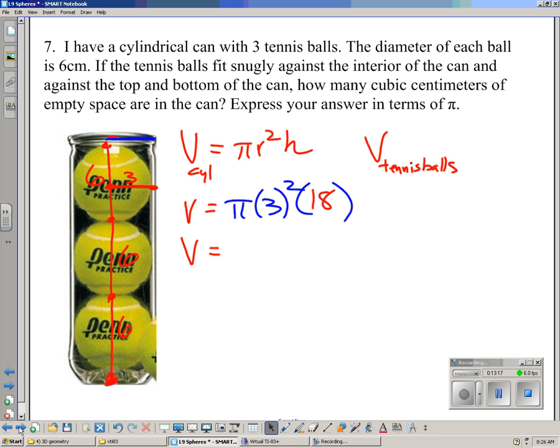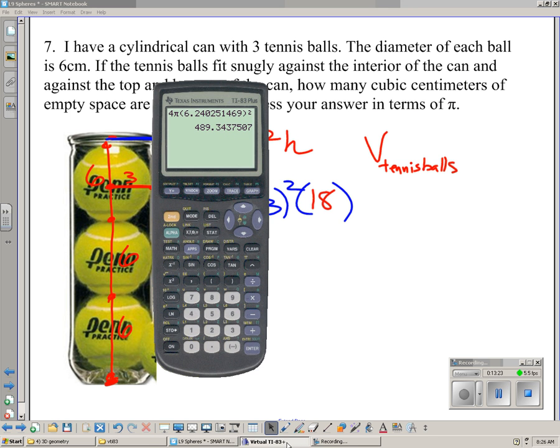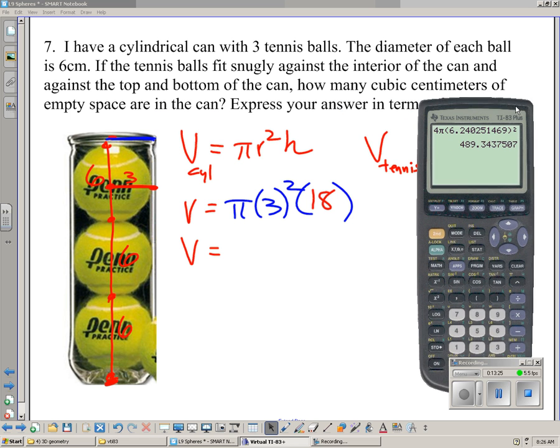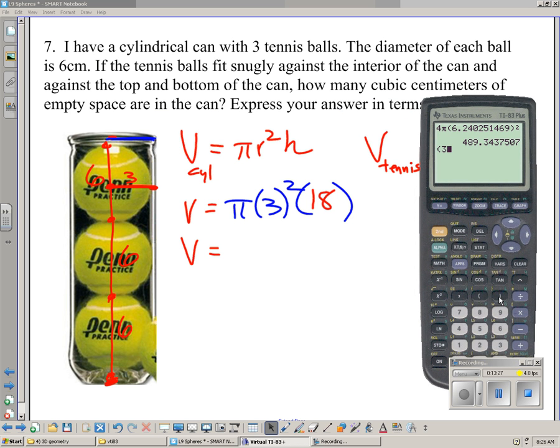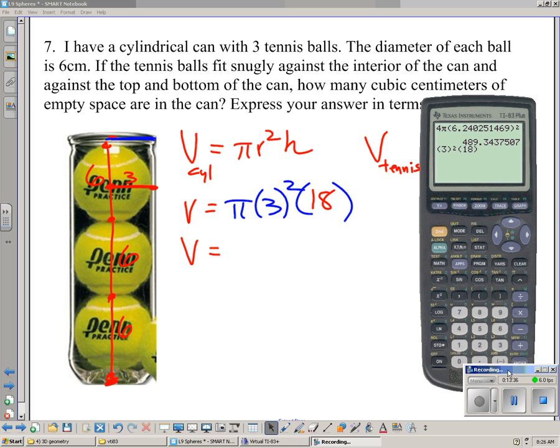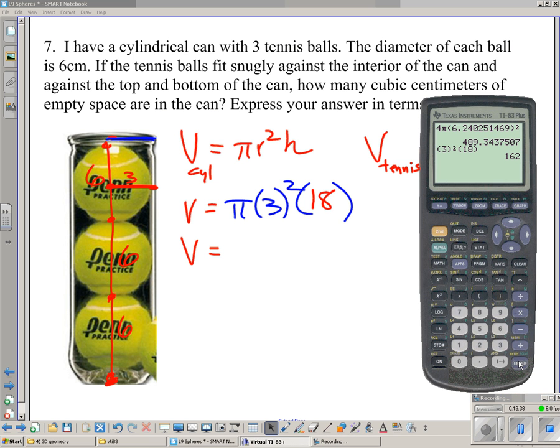The volume of the can would be 3 squared times 18, 162 pi.